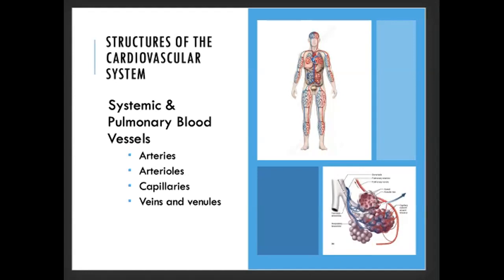Arteries lead to the arterioles, which lead to our capillaries. Capillaries are microscopic vessels about one cell thick, and they facilitate the exchange of gas, nutrients, and waste between the tissue cells and the blood.